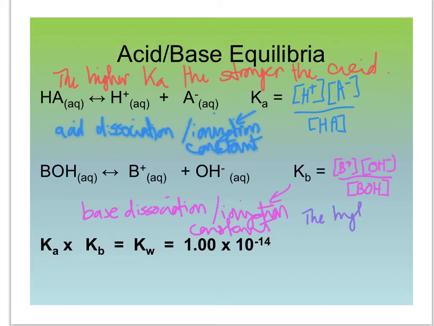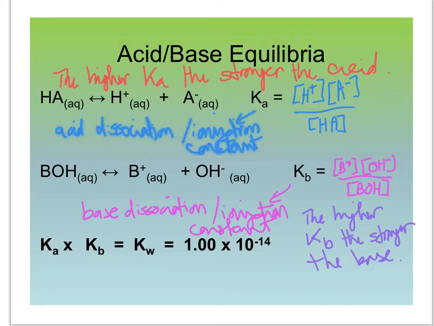The higher the Kb, the stronger the base. So I can give you two acids with their Ka values and tell you which one is stronger, or similarly two bases with their Kbs and ask you which one is stronger.